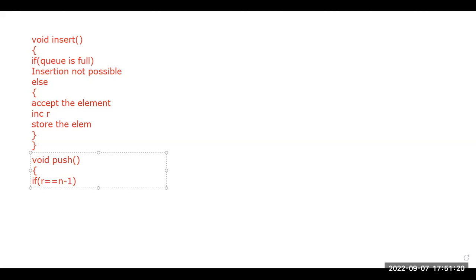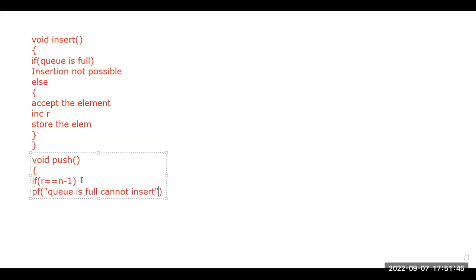When R is pointing to 4, the Q was full. More than that, I could not insert, right? Yes or no? Here, printf, I'll say Q is full, cannot insert.